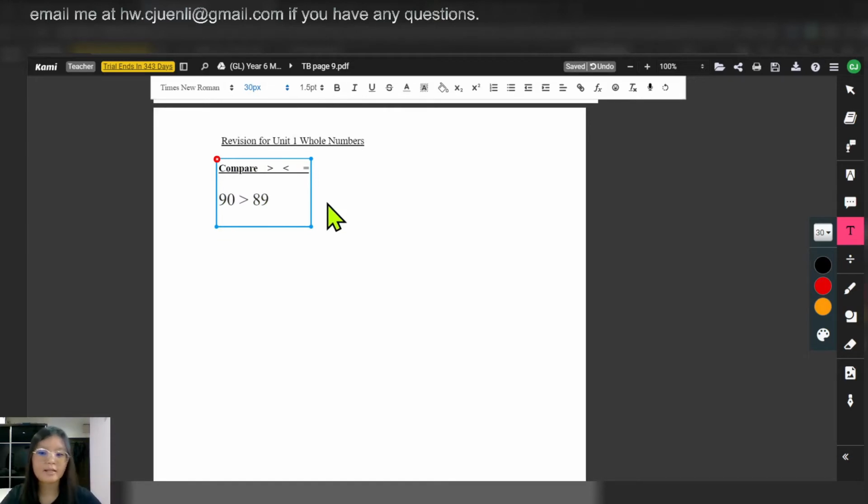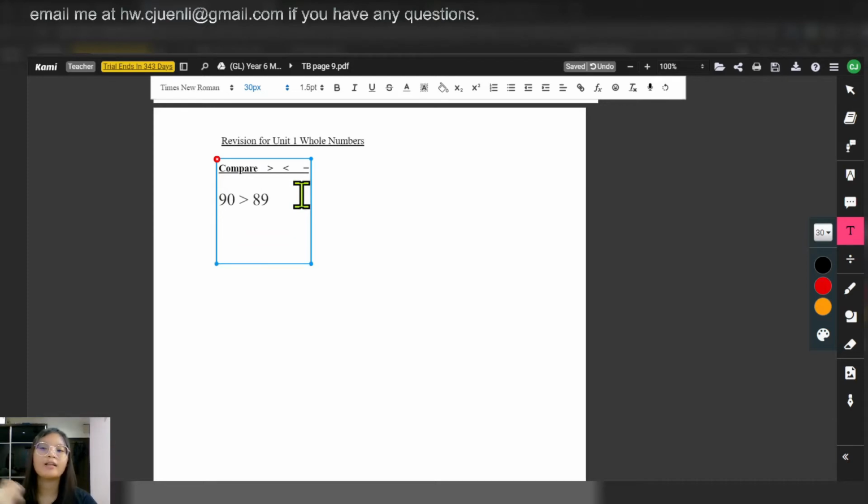So you can see that the pointy part over here is basically pointing at 89. So just remember, imagine this as a crocodile's mouth, and it's liking bigger numbers more. As we say, the bigger it is, the better it is, right?